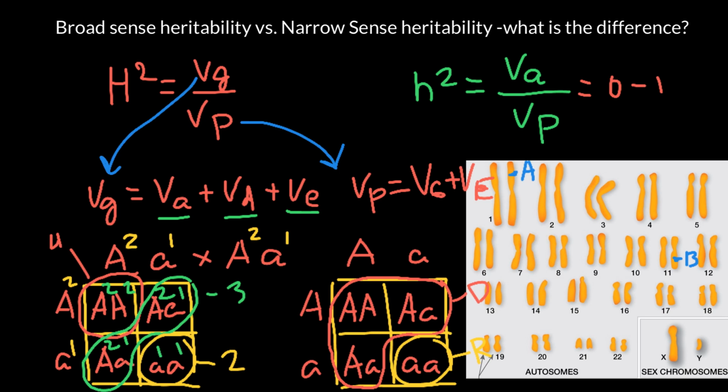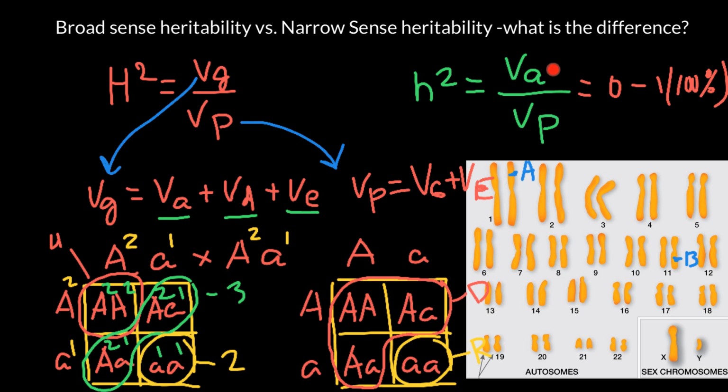Now let's talk about these numbers. The bigger number would be closer to 1, or we also can say to 100%. So 1 would equal 100% and 0 would equal 0%. The greater number we can get here, that is, the closer to 1, the greater would be the additive component in the phenotypic trait.